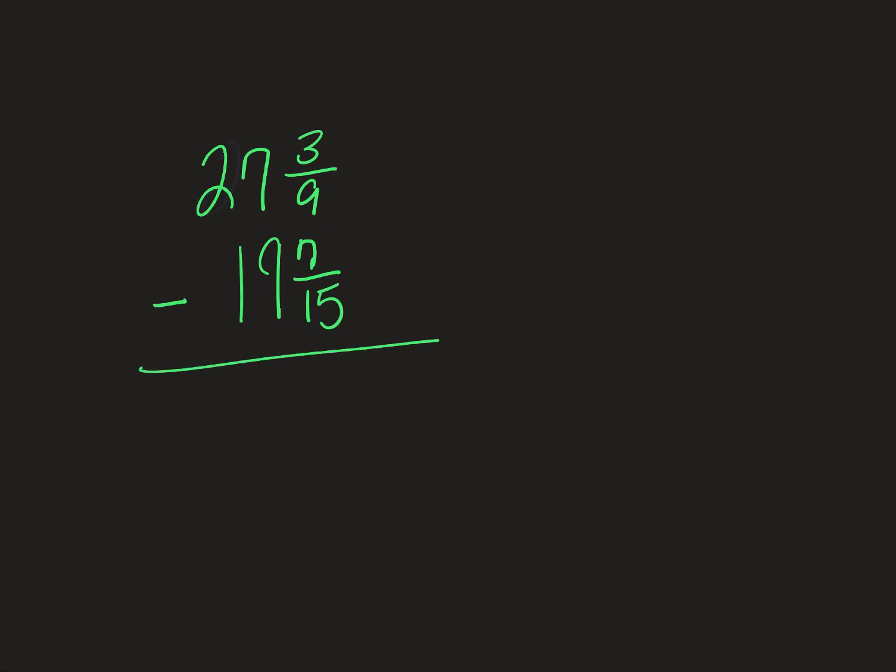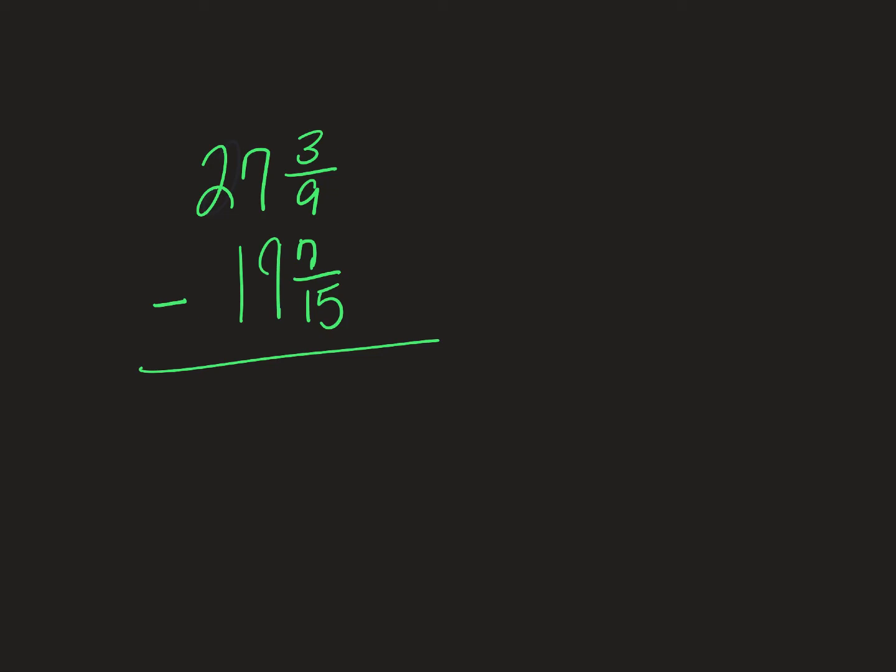All right, so let's just say that we have 27 and 3/9. We're going to subtract 19 and 7 over 15. Now, we have an issue here because we don't have common denominators. 9 is not a factor of 15. 15 is not a factor of 9.